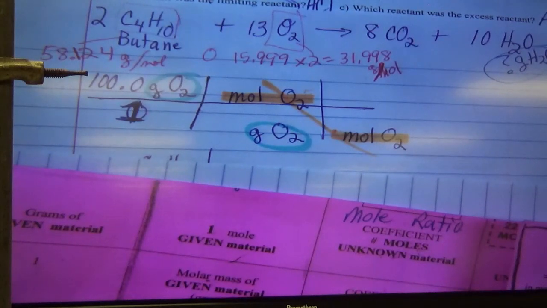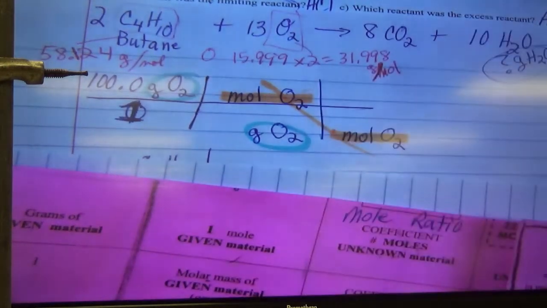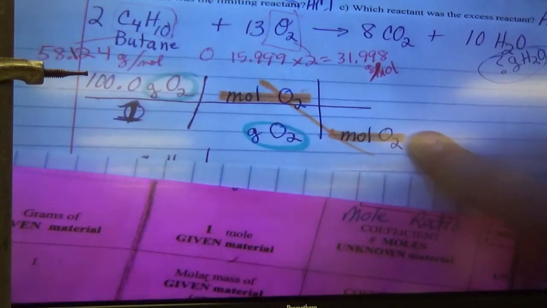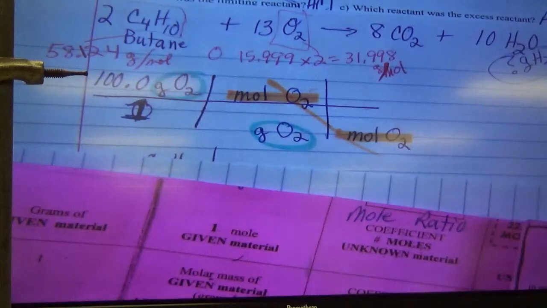Okay, but according to the foldable, I've got moles on the bottom for the first time. This is the mole ratio step. You've got moles of given oxygen on the bottom. We want moles of what on top? We're looking for water.